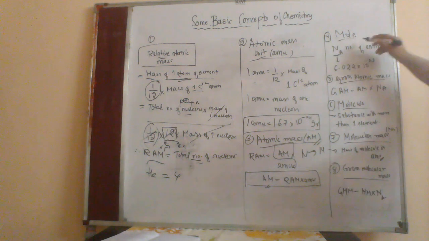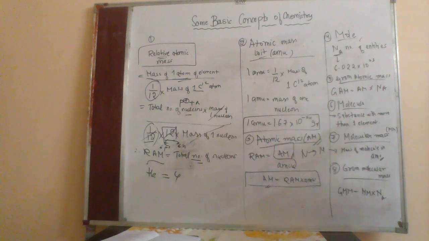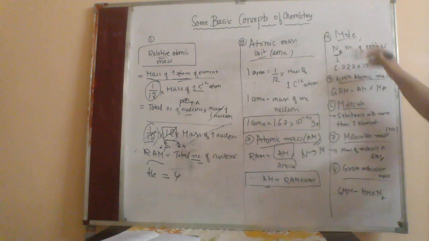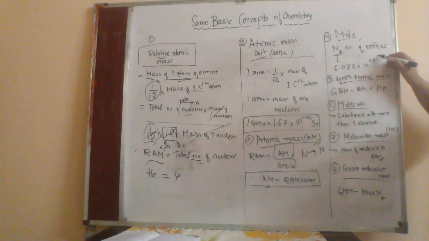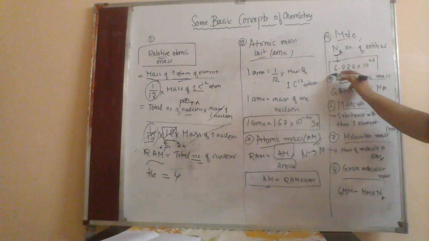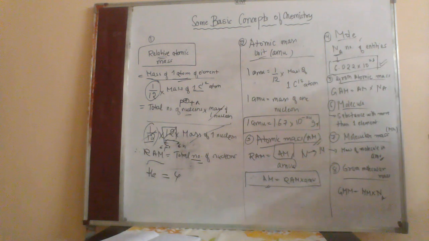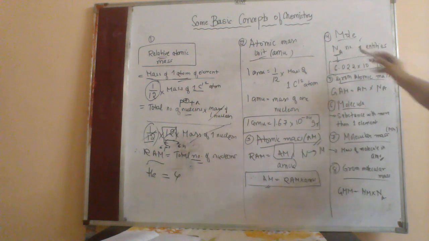Now coming to the mole concept. What is a mole? Any number of entities of a substance is known as moles. What is Na? That is Avogadro's constant, 6.022 into 10 to the power 23. This is very important. What are entities here?